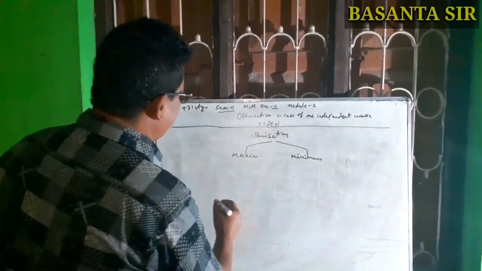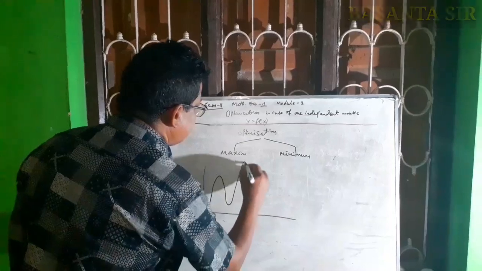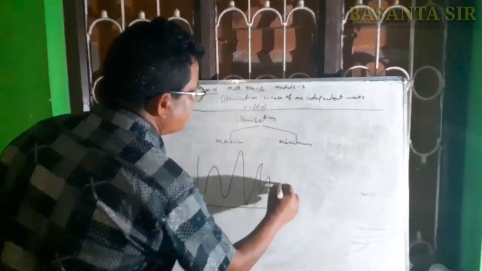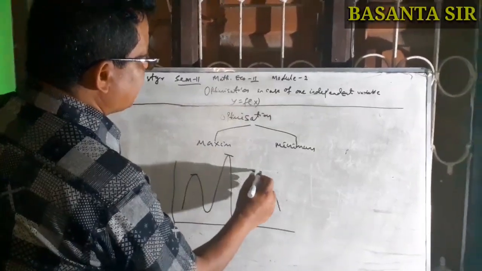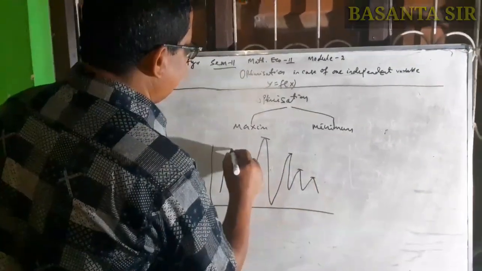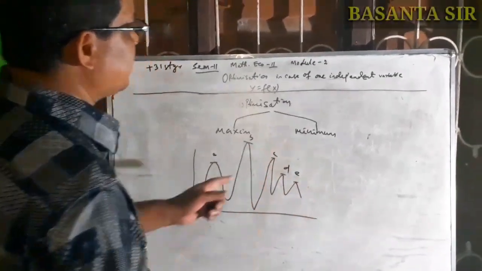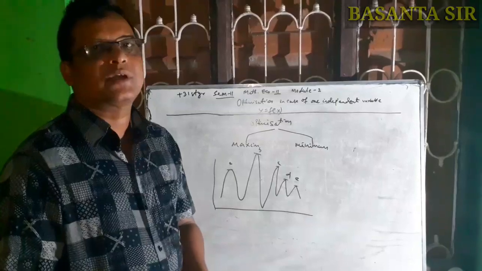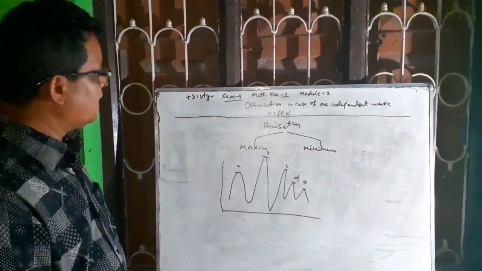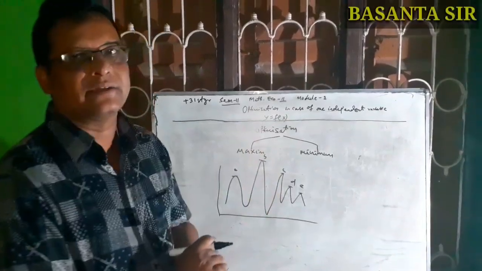Maximum or minimum, if we draw a diagram like this, we find several points here, A, B, C, D, E, as maxima. Every point is a local maximum and we find B is the global maximum among them, as it is the highest.